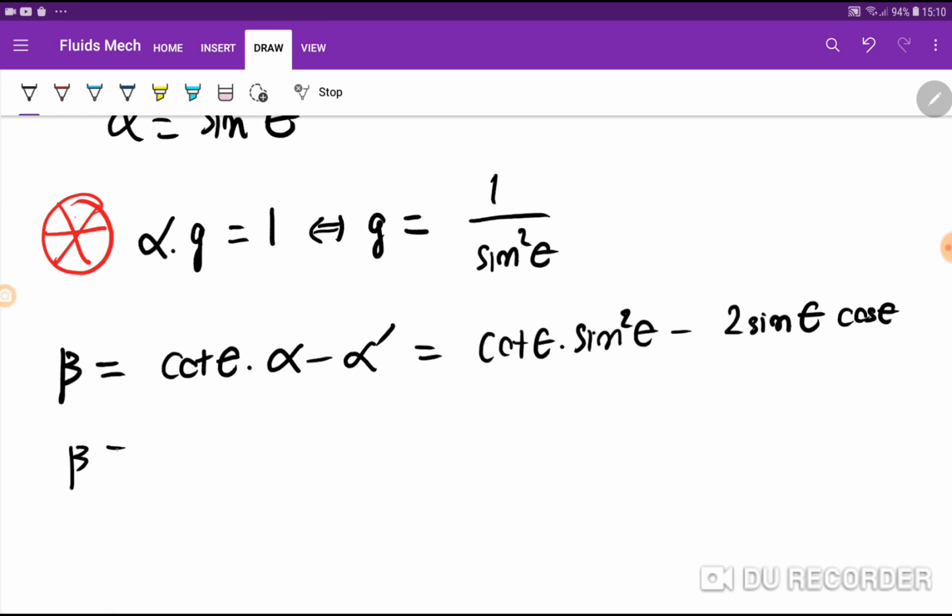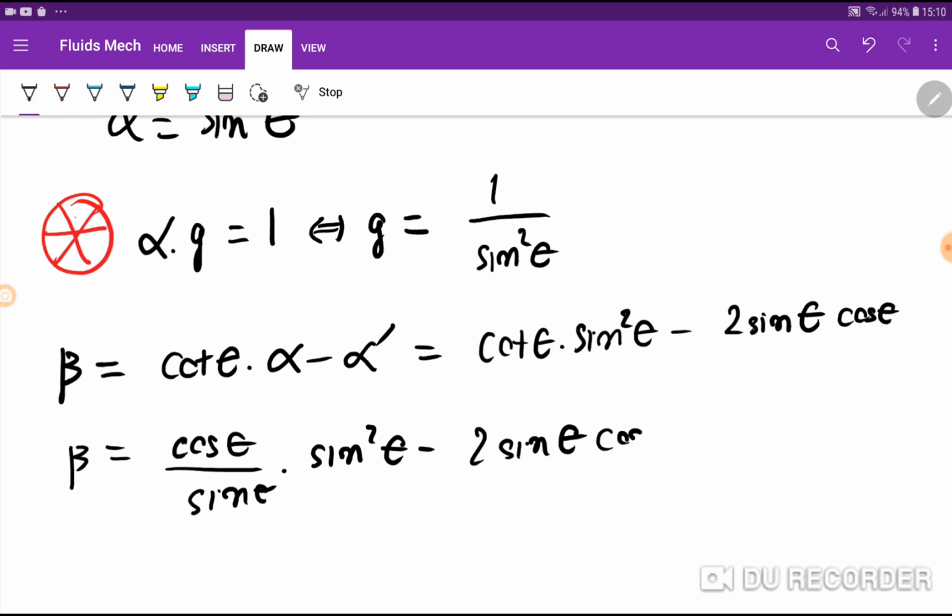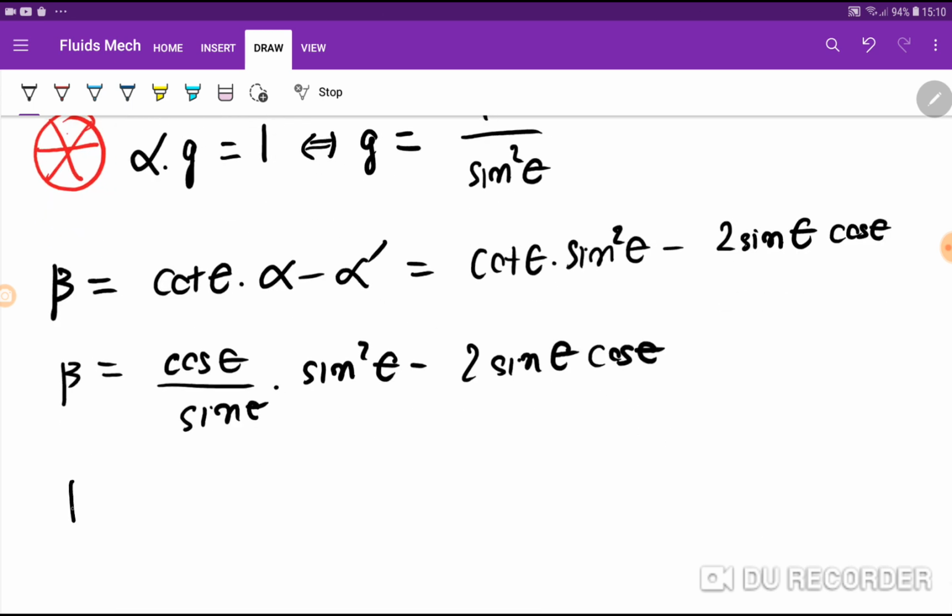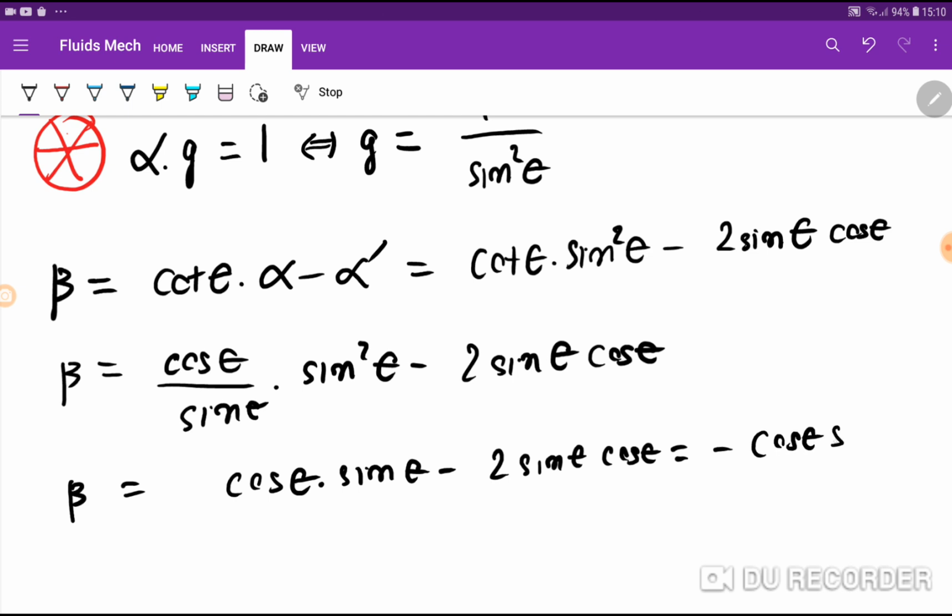So beta equals cotangent, which is cos over sine, times sine squared minus 2 sine theta cos theta, right? Beta will equal cos theta times sine theta minus 2 sine theta cos theta, which equals negative cos theta sine theta.